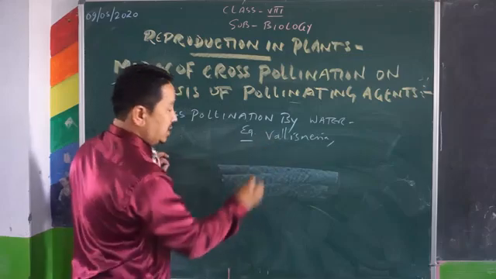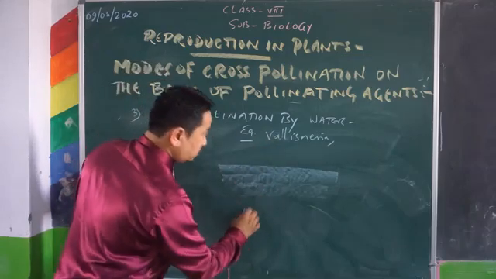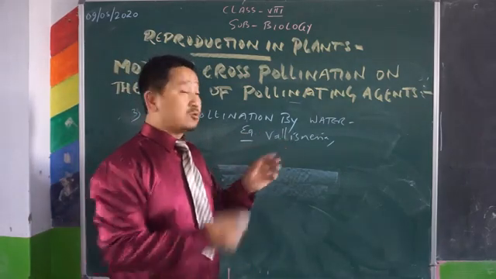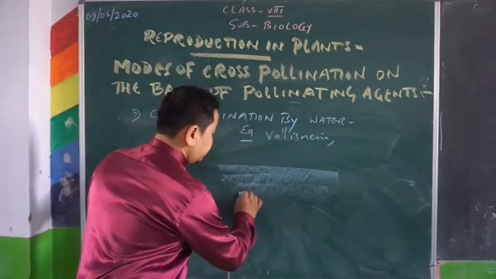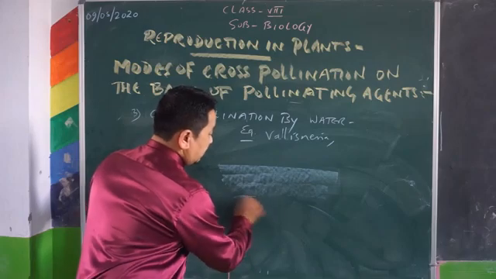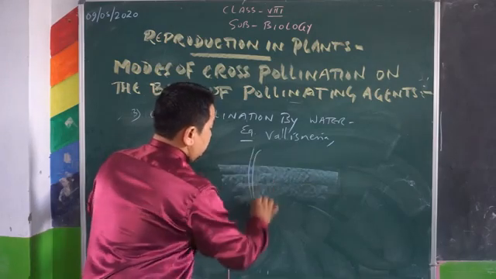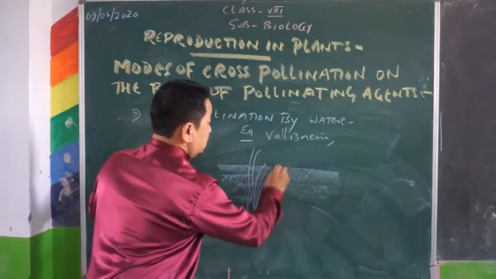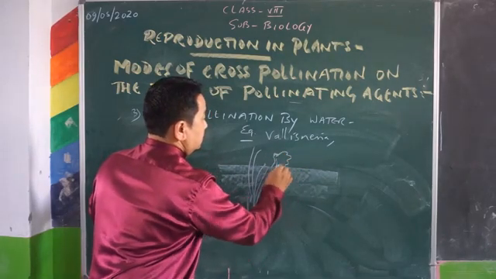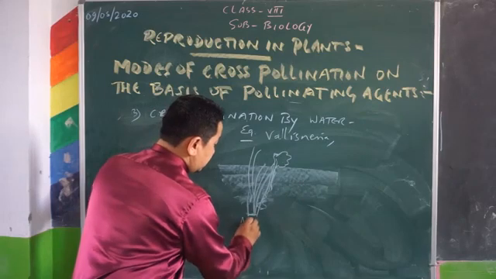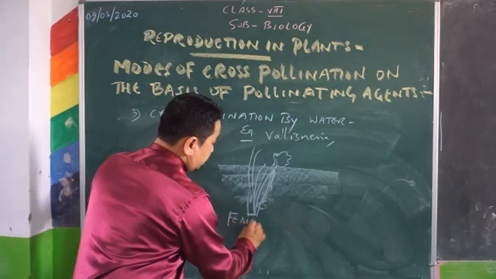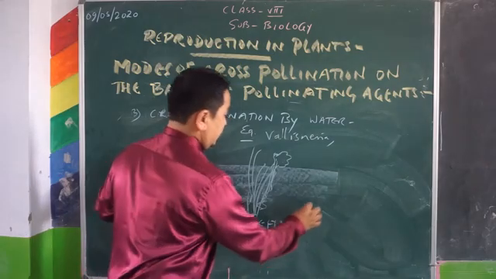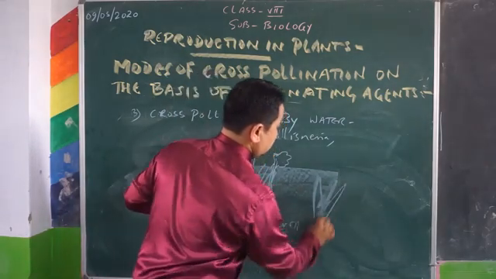So in Vallisneria, male and female plants are grown separately. See here, suppose this is the Vallisneria which is growing out here. The flowers are here. This is the female flower. Then male is here.